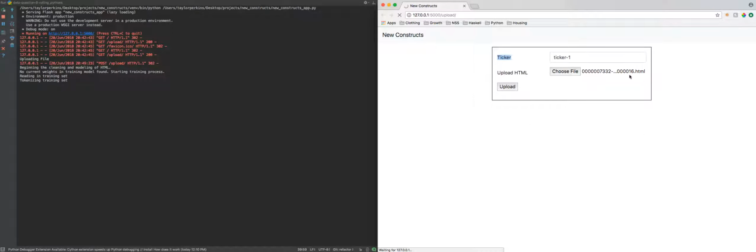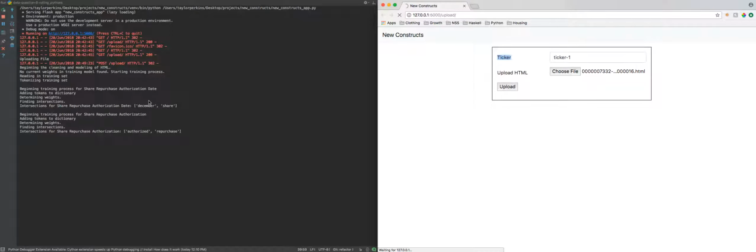This is a Flask app. It's super basic, but behind the scenes, it's taking this HTML file that we just uploaded, and right now it's training a model based off of the training set that they gave us, or it's creating a model. And so you can read some of this stuff.